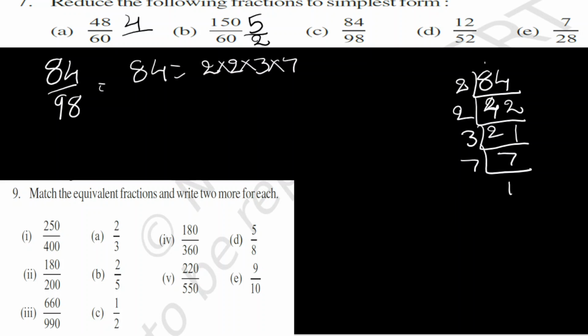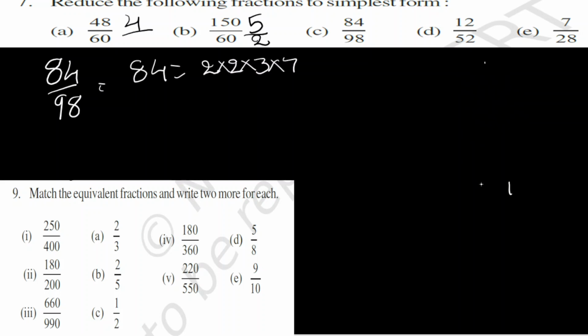And let's factorize 98. This 98 can be expressed as 2 times 49, and 7 times 7. It will not go into here.